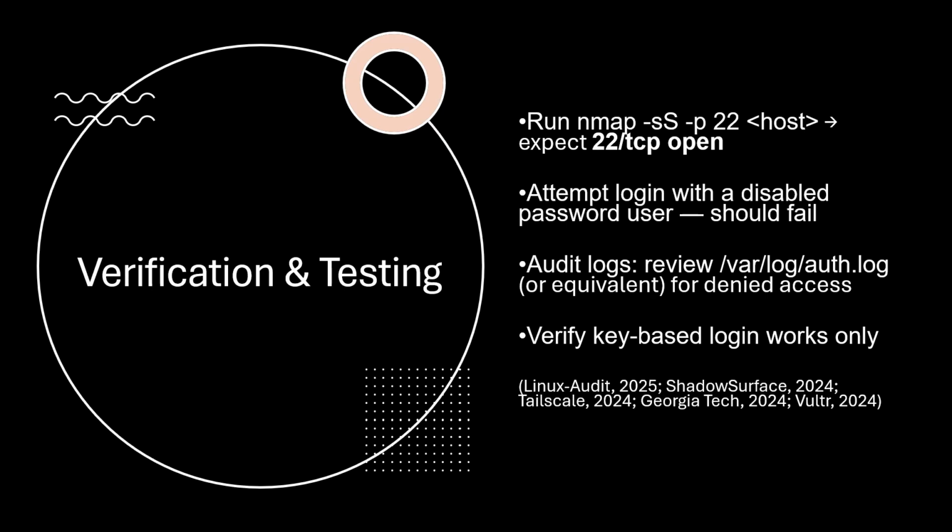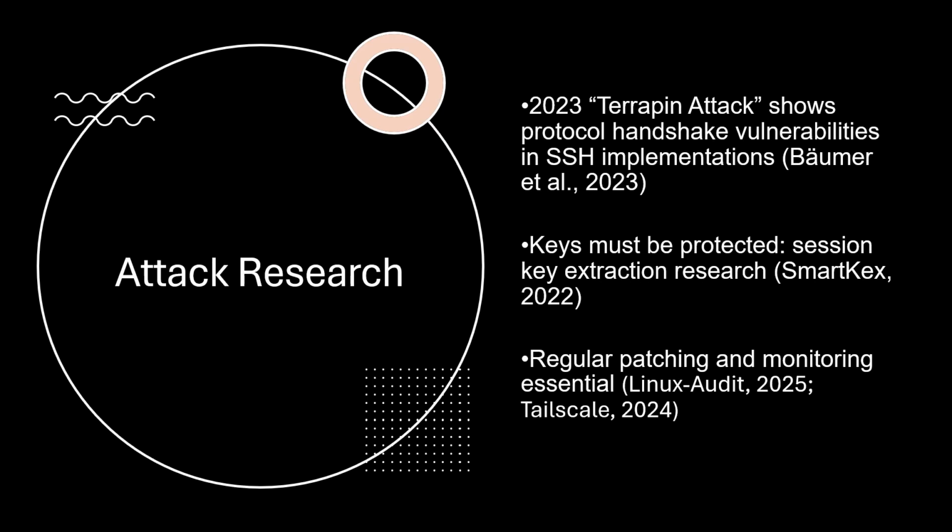Reviewing logs validates the hardening decisions and shows compliance and traceability. The Terrapin attack proved that even mature cryptographic protocols can fail if sequence validation is weak.